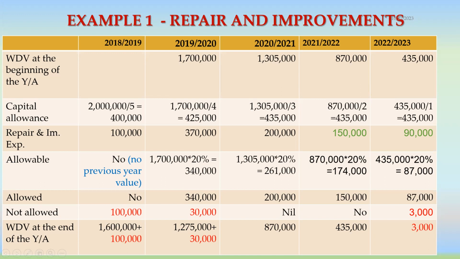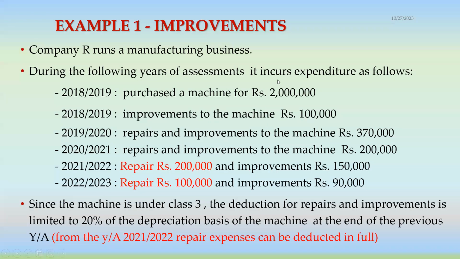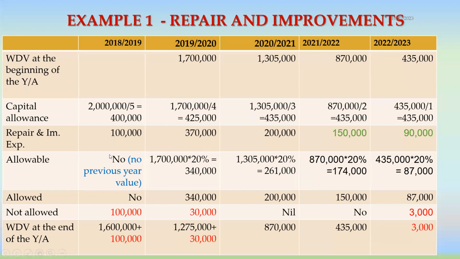It means we can divide this by 5. 2 million is the cost and we can depreciate this 2 million over 5 years. Therefore, I divided that by 5. The allowance is 400,000. Then we incurred 100,000. Here, 100,000. So, we can apply our formula to determine the allowable deduction and the not allowable deduction.